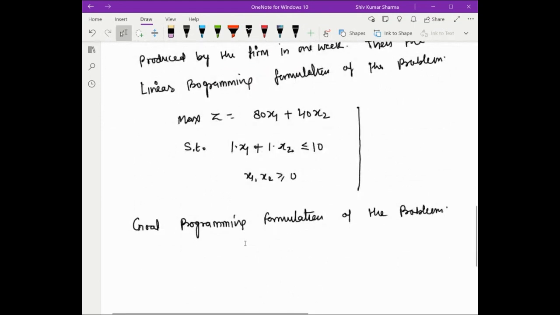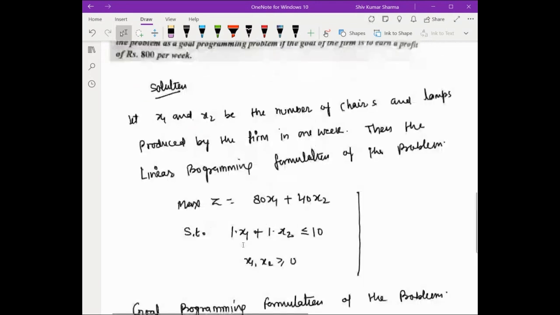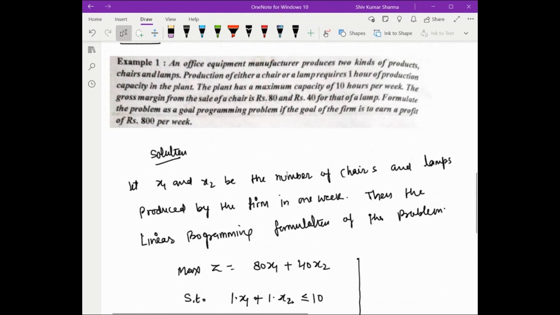How do we make a goal programming formulation? We formulate the problem as a goal programming problem.